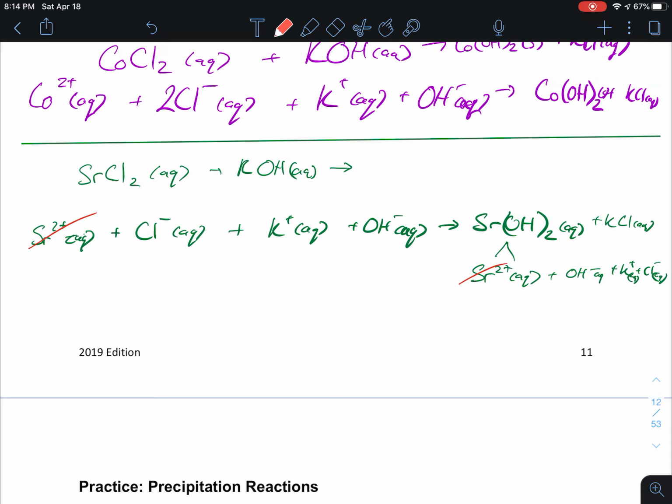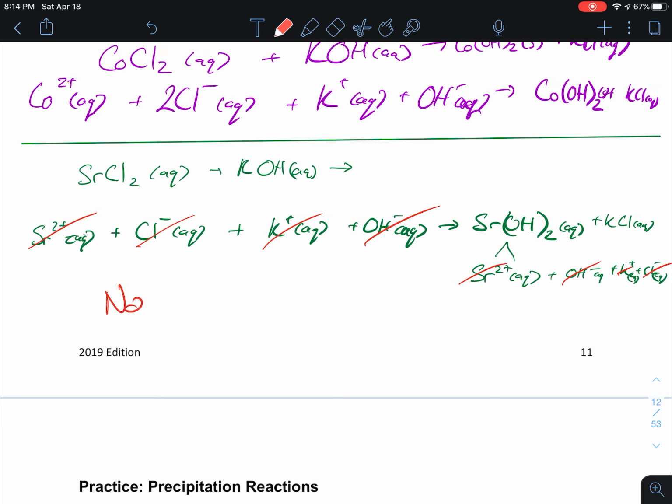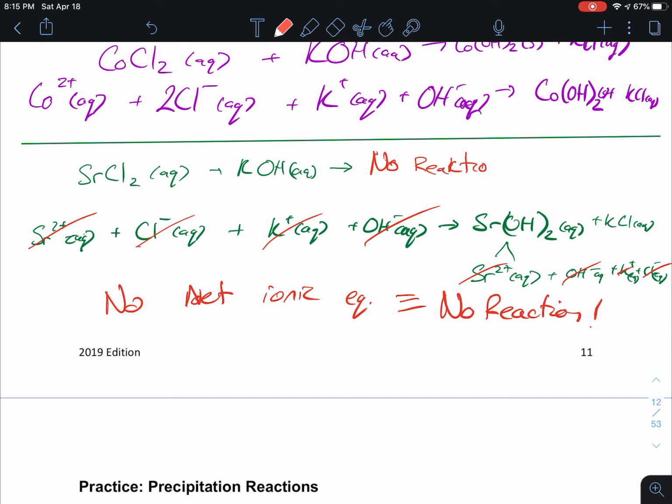Well, we cross out the common ions to both sides. Well, wait a second. If you cancel everything out, you are left with an ion equation. There's no net ionic equation. So that means no reaction.